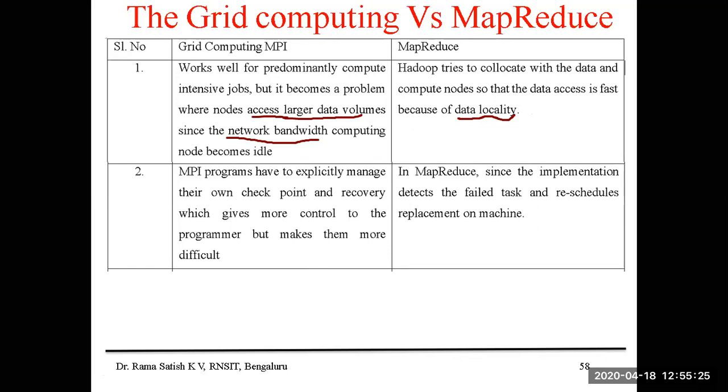the next difference is that the MapReduce implementation always detects the failure of tasks. It always works on where exactly the program failed, and it reschedules the execution on another machine.